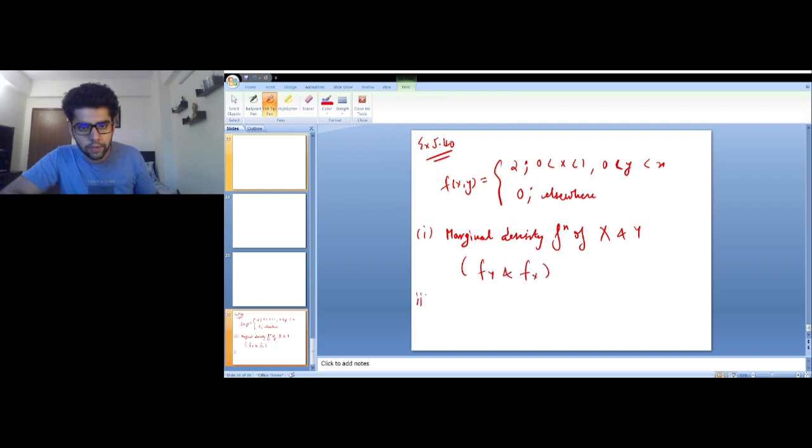The second part, let me just solve the first part first, and then we'll write the second part. So our f x comma y is just 2, where my x lies between 0 and 1 and my y is lying between 0 and x. This is my joint probability density function, and I need to find the marginal density function.